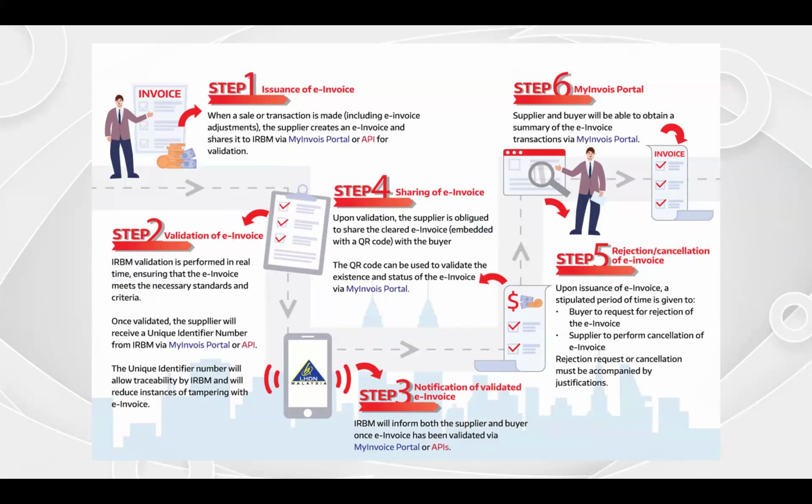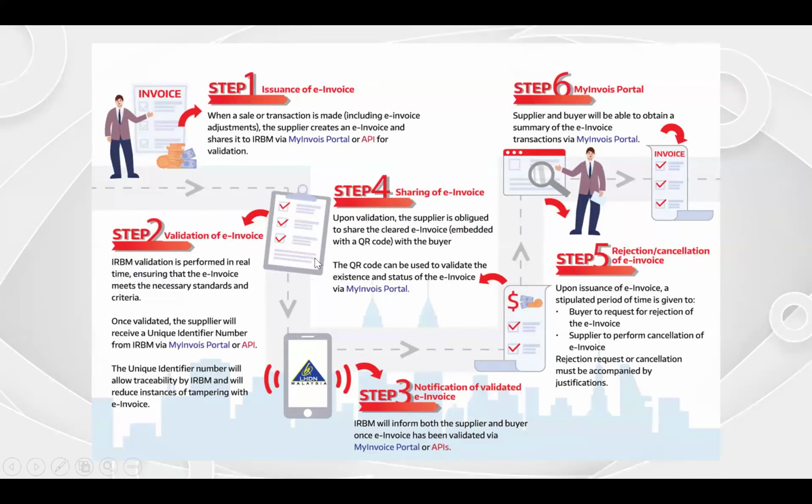The invoice will have the QR code and the unique identifier number to state that the invoice is already validated. Then after the validation, both parties, seller and buyer, will get a notification from the IRB, the MyInvoice Portal. They will send you an email to acknowledge that the invoice is validated.